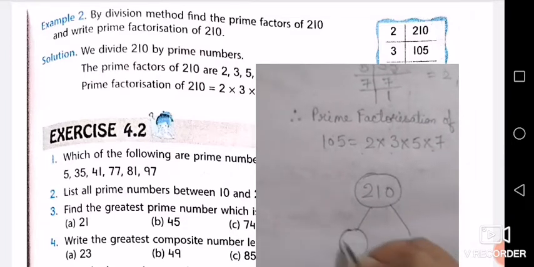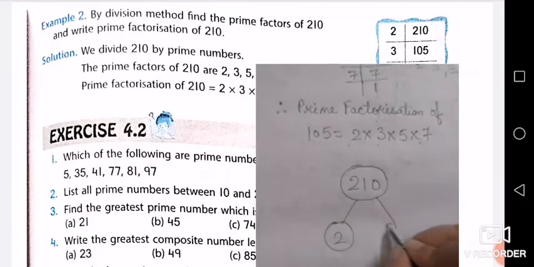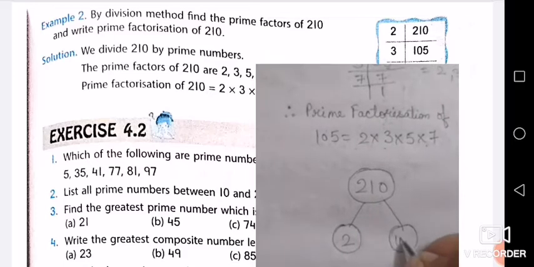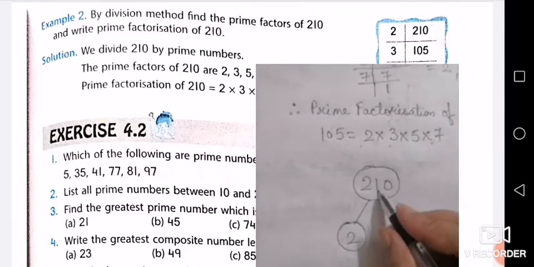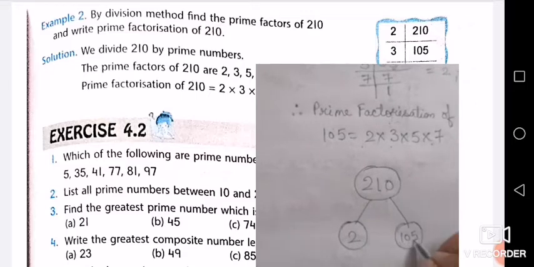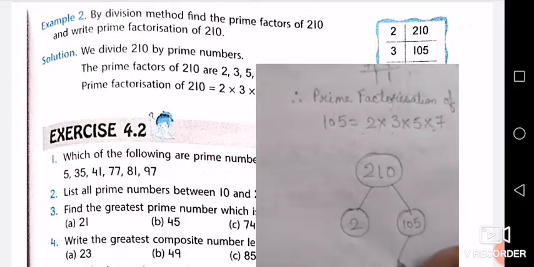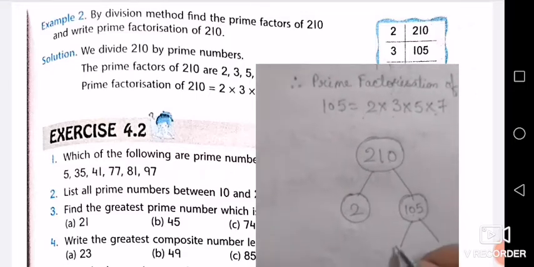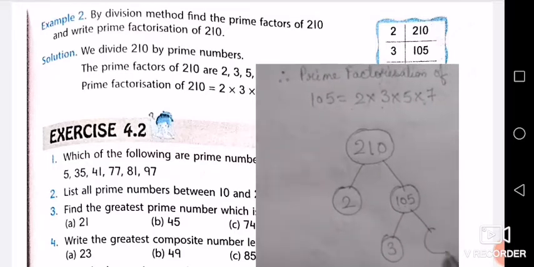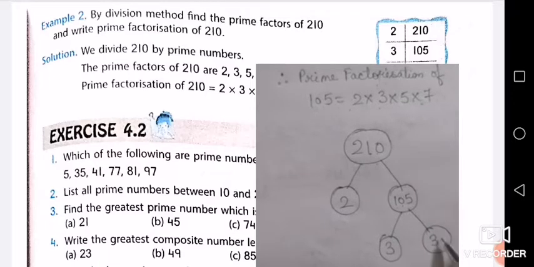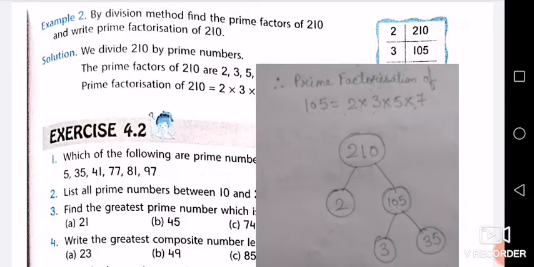First it will go on 2 times and this will become 105. 2 ones are 2, then 1 will be smaller, then 0, and then 5 times will be this. Next it will go on 3 times. 3 3s are 9, then 3 5s are 15.